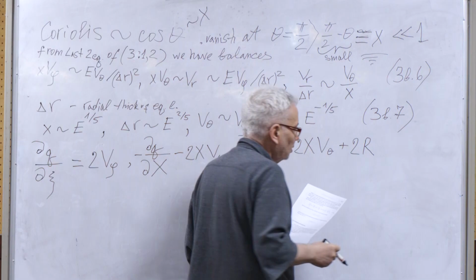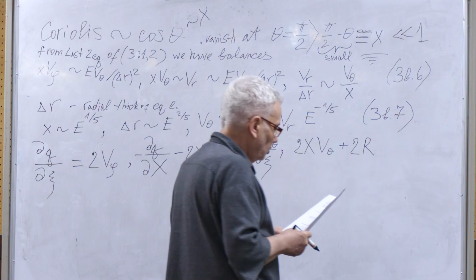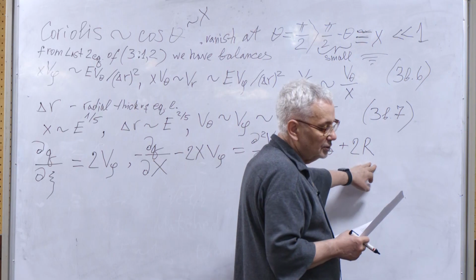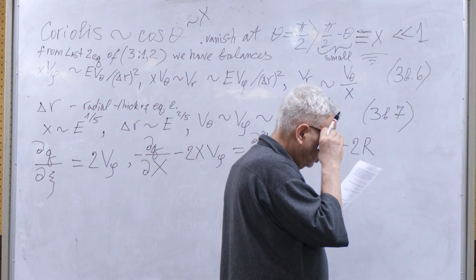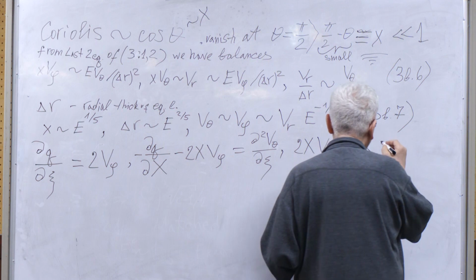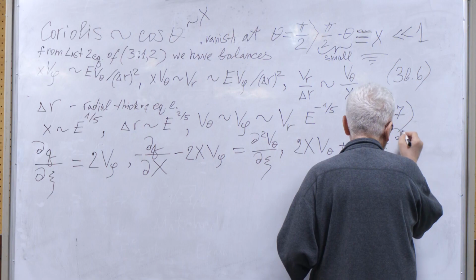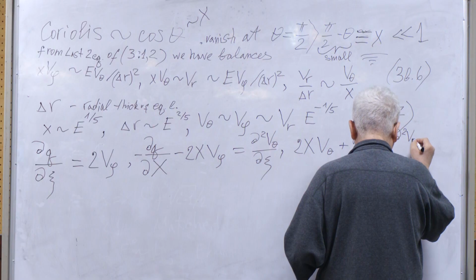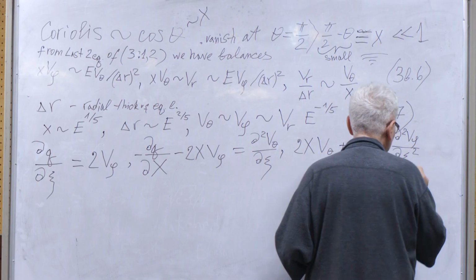It's actually related to the radial component of the velocity. So just use it as capital R just to distinguish. It's the normalized radial component which I will write down further. So this is equal to the second derivative of v phi, d xi in second.